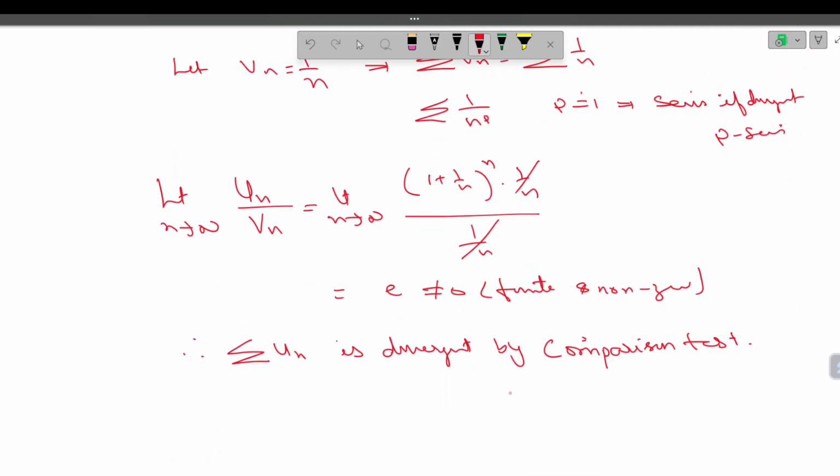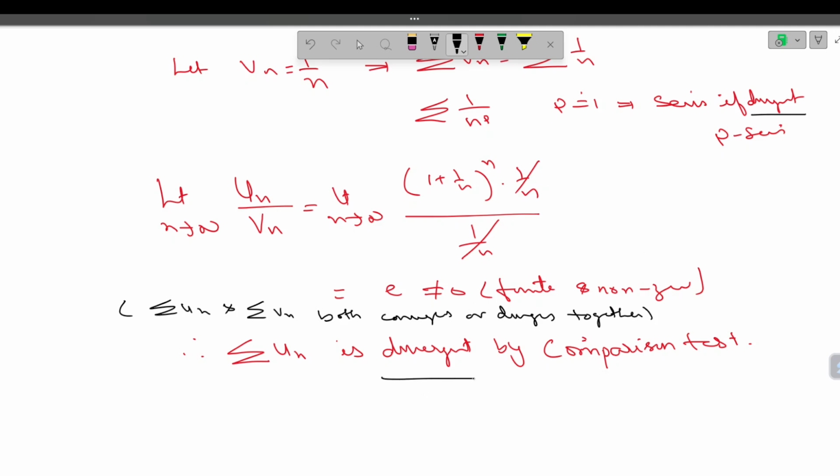Then after finiteness, by the limit comparison test, sigma u_n and v_n both converge or diverge together. That means if v_n is divergent and the limit is finite, u_n is also divergent.